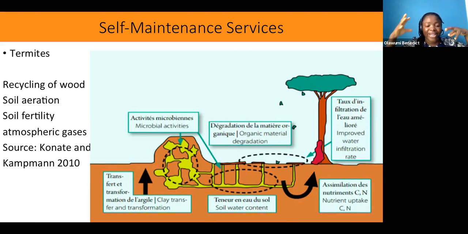They help in breaking it down, they eat it, they digest, they release their waste also there. So we can see this diagram and it explains the activities of termites. It helps in microbial activities also. It helps in improving water infiltration rate and the rest.